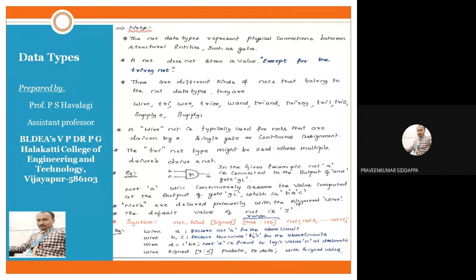We'll take one example. First, we are designing a NAND gate. The NAND gate should be designed using one AND gate and one NOT gate. First we take the AND gate.